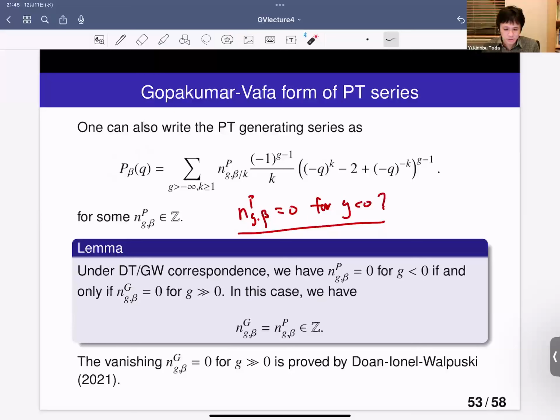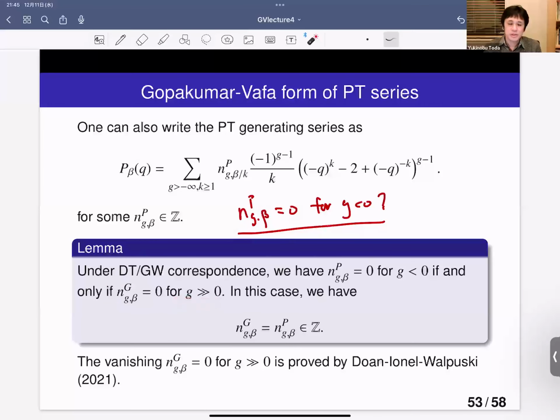Of course, this should vanish when g is negative. And in fact, this vanishing does not hold from the DT-GW correspondence. Under this DT-GW correspondence, the vanishing of the negative genus is in fact equivalent to the vanishing of the Gopakumar invariant in the Gromov-Witten side for negative g.